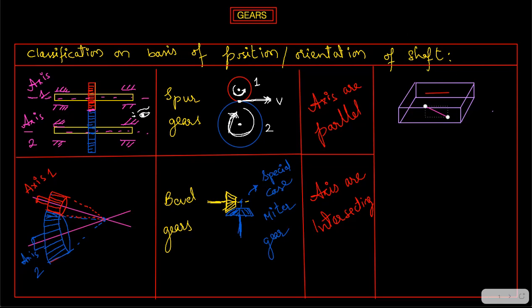Let's try to draw this diagram and see how it is going to look. The plane itself is different, right? So this is gear 1, and then you have gear 2.